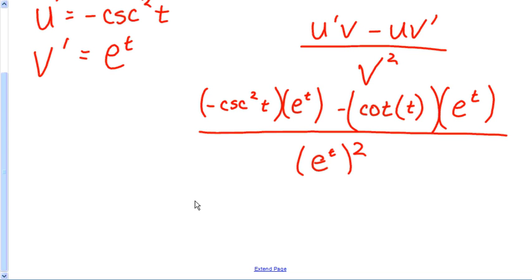Oh, wait a second, though. I see something cool. It's e to the t squared on the bottom. Check it out. That's the same on the bottom as e to the t, right? Oops, I just drew a gigantic T. Wait a second. Oh my goodness, check it out.